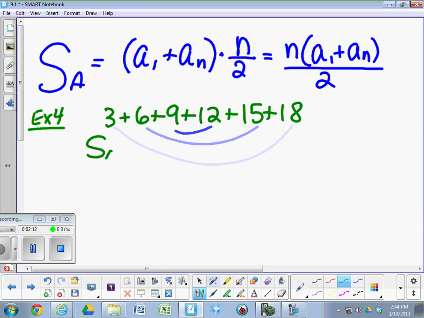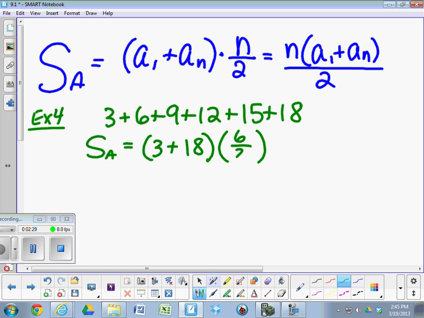The sum of this arithmetic formula is, it's right up there in blue, the first term, 3, plus the last term, 18, times how many terms are here? Divided by 2. So 21 times 3 is 63.